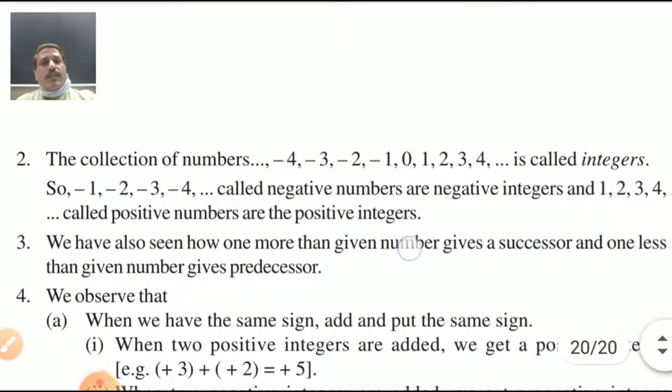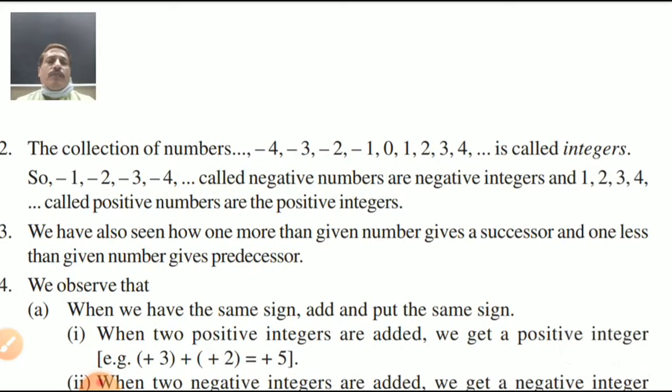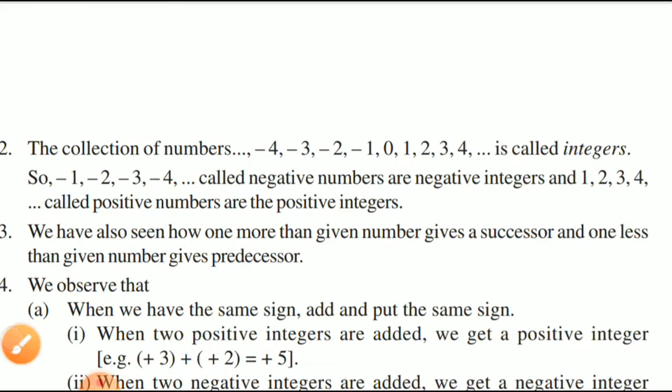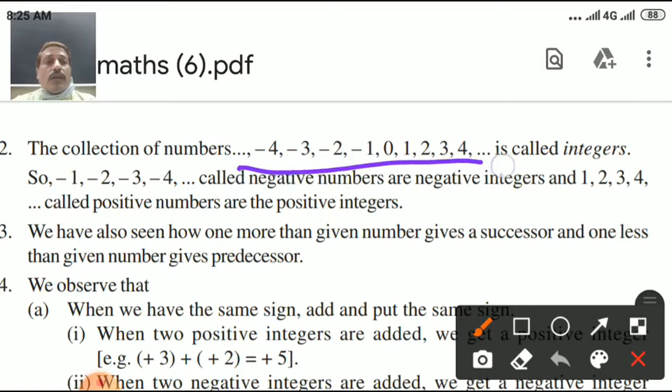The collection of numbers ..., -4, -3, -2, -1, 0, 1, 2, 3, 4, 5, 6, 7, ... where the dots mean continue, are called the integers.